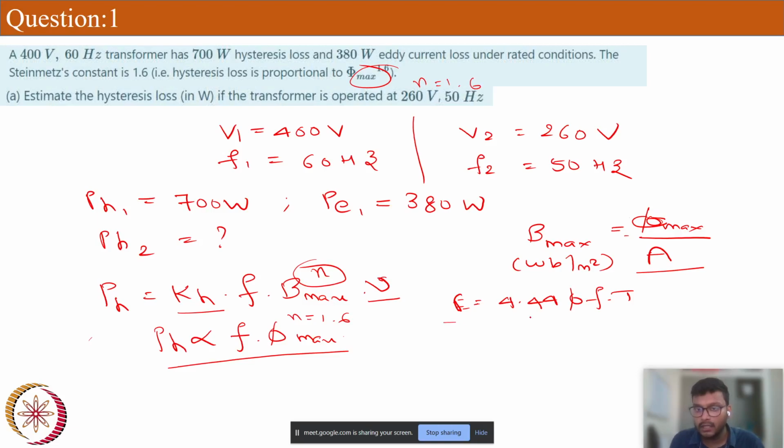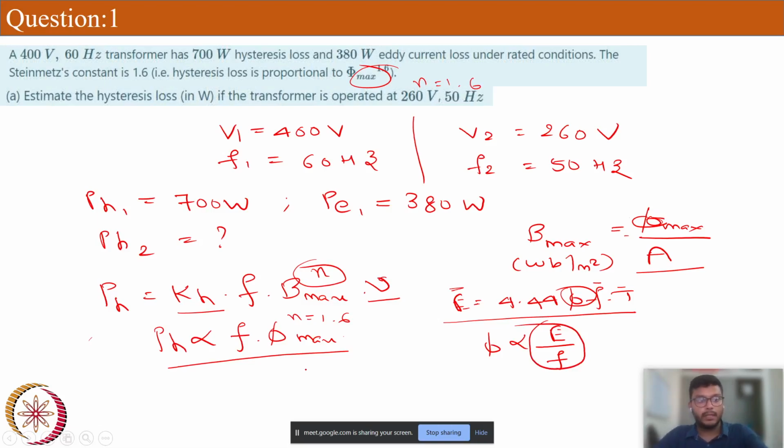In this equation, flux is proportional to V, frequency and T. If the thickness is constant, the thickness of the transformer laminations will be the same every time. So flux is proportional to E divided by F. Now we will replace this particular relation here. Now let me take another sheet.